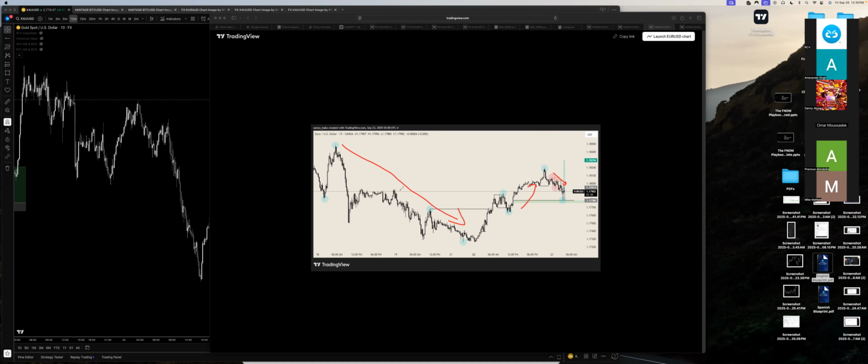Let's just say this is level 3, 2, 1. Level 3 is usually always going to be correct because the higher time frame is technically bullish. I mean, it is always technically correct, I'm sorry.